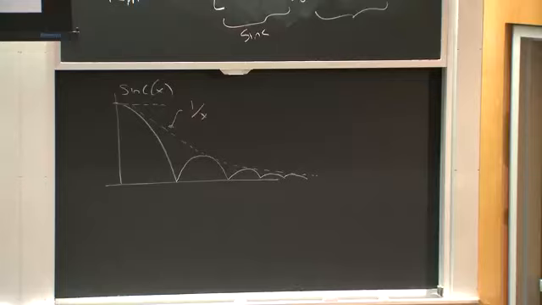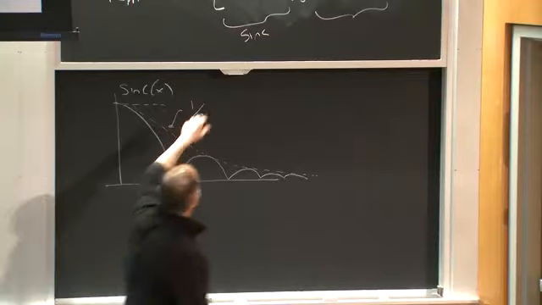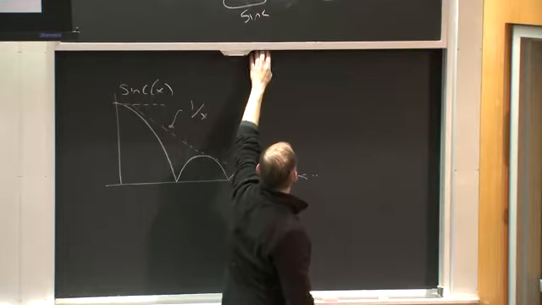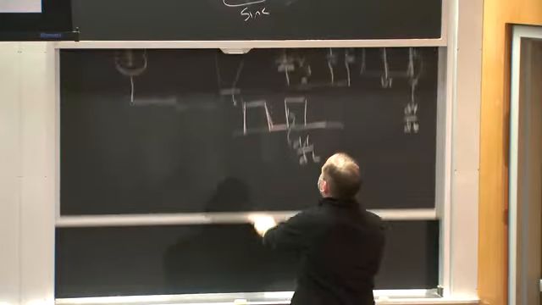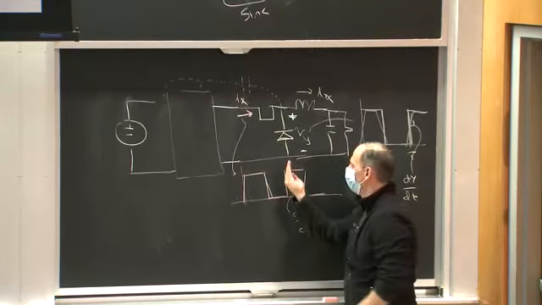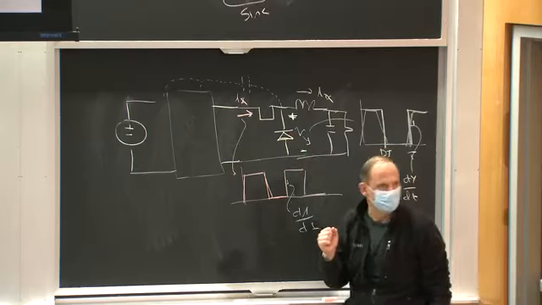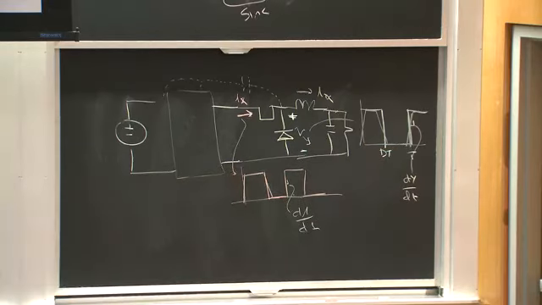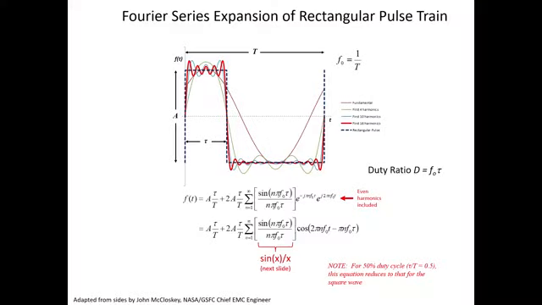Well, let's start by supposing I have a perfect square wave. Suppose I have a design where these walls are so steep it's more or less instantaneous, right? What would the frequency distribution of that look like, and what would the waveform look like? Well, here we go. And I should say that I'm taking these very nice slides from a presentation by John McCloskey, who's the chief electromagnetic compatibility engineer for NASA.